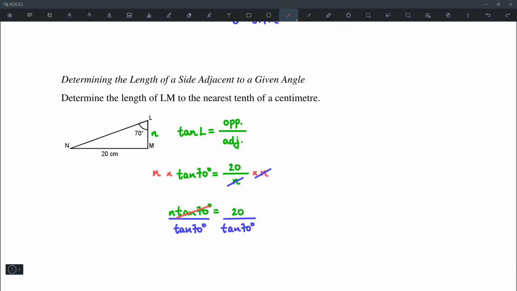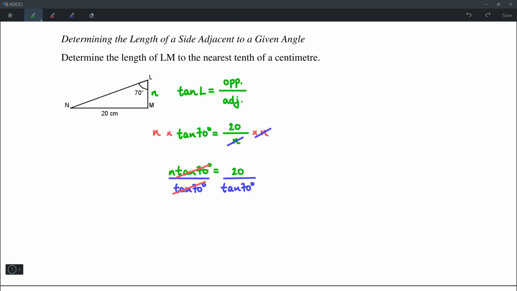And now the tangent 70 degrees will be eliminated from the left-hand side. So we're just going to be left with n is equal to 20 divided by tangent of 70 degrees.